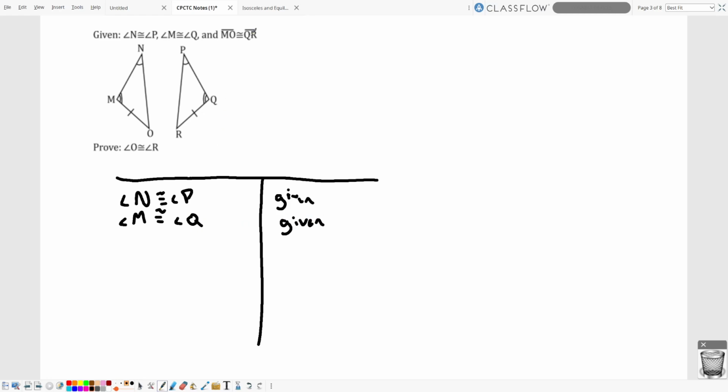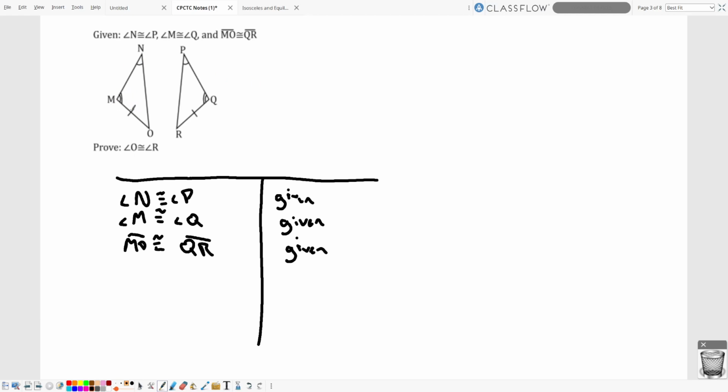And then we are given that segment MO is congruent to segment QR. So also a given. To be able to apply CPCTC, I need to state that these triangles are congruent to each other. So when we look at this diagram, I'm trying to figure out, are these triangles congruent to each other? Well, I have 2 angles and I have a side.